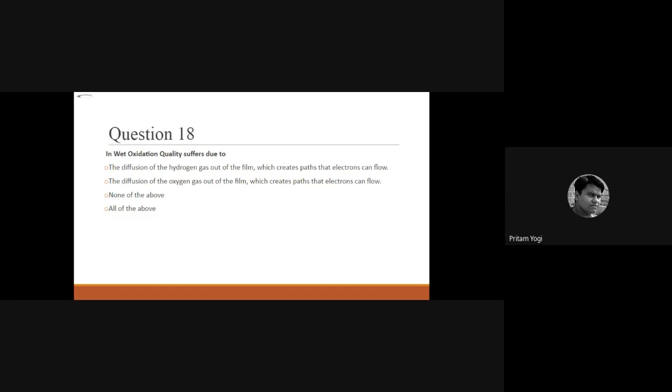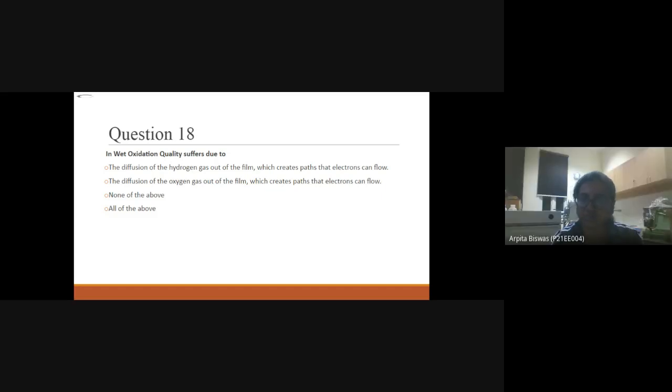My doubt is that there should be the path for the oxygen molecule, not for electrons. No, it also creates the path for the electron flow. You can recheck it. Okay, so the right option is option A: the diffusion of the hydrogen gas coming out of the film creates the path for the electron can flow. You can recheck it.